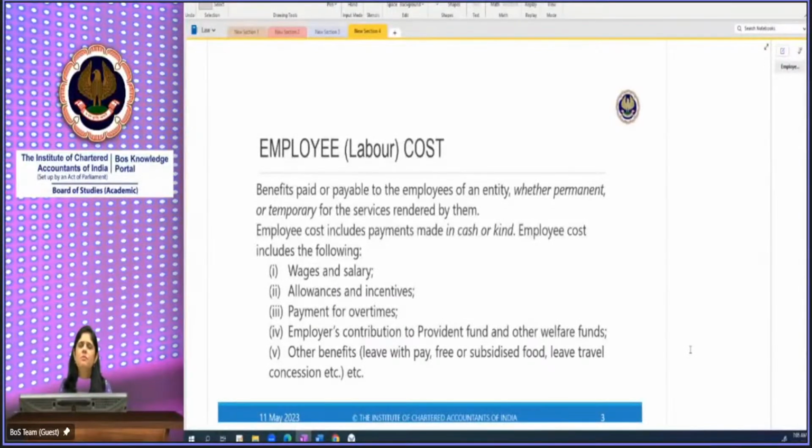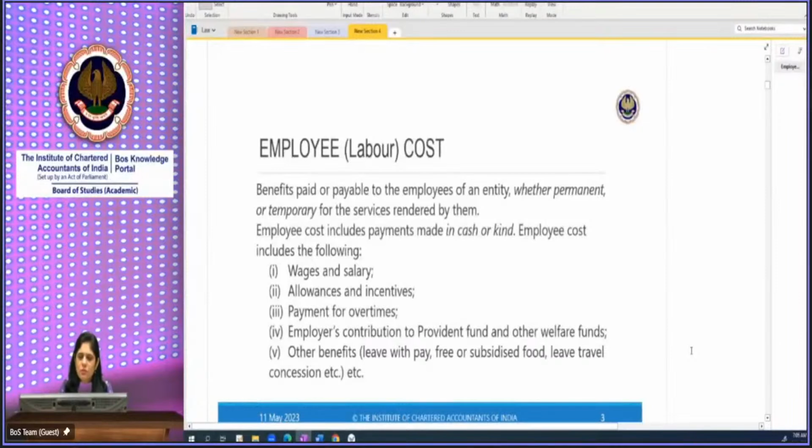Temporary means they must be on a contract basis, they must be on a daily wages basis. So all types of workers and laborers and employees and staff, everything which is paid by the organization to the employee is called employee cost.